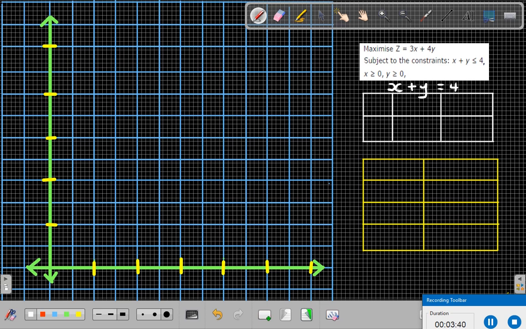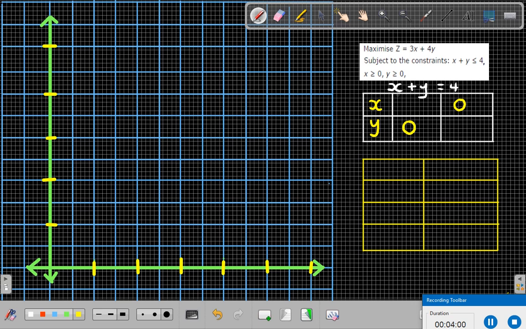So we can find x and y. We are going to find the value of x when y is 0, and again the value of y when x is 0.